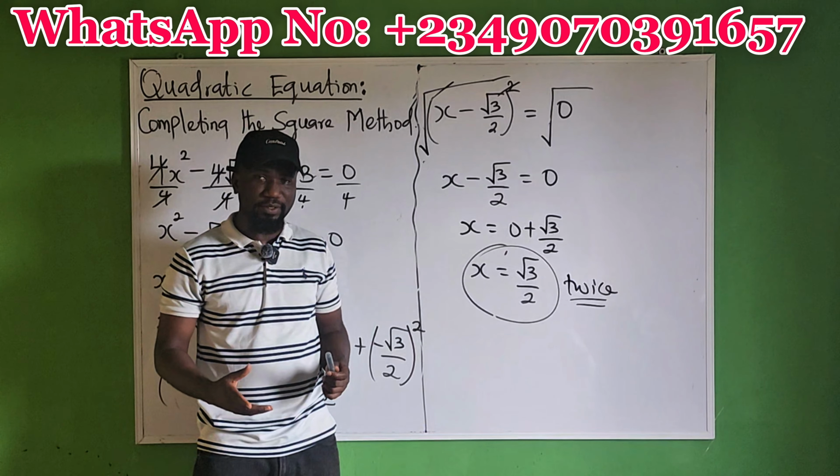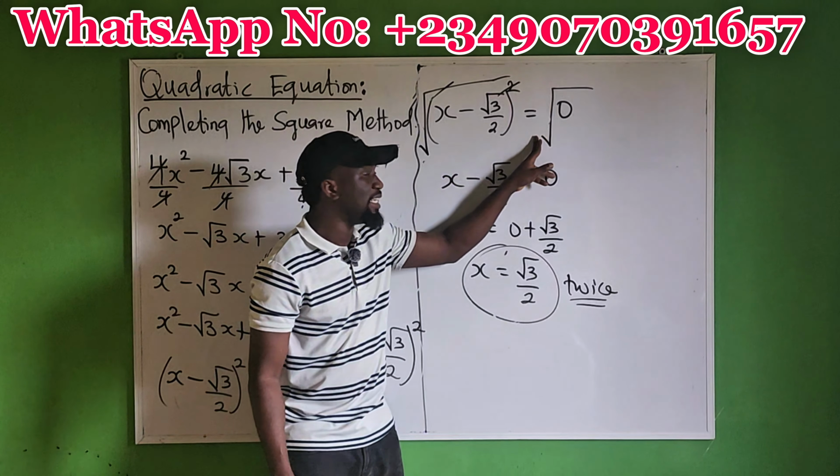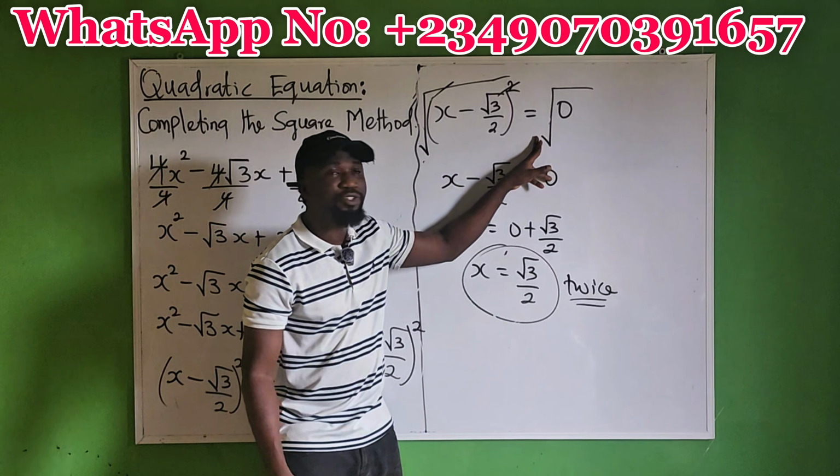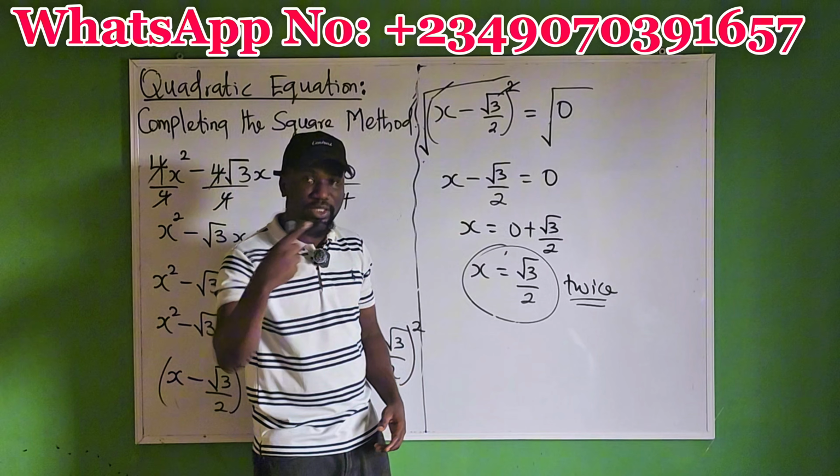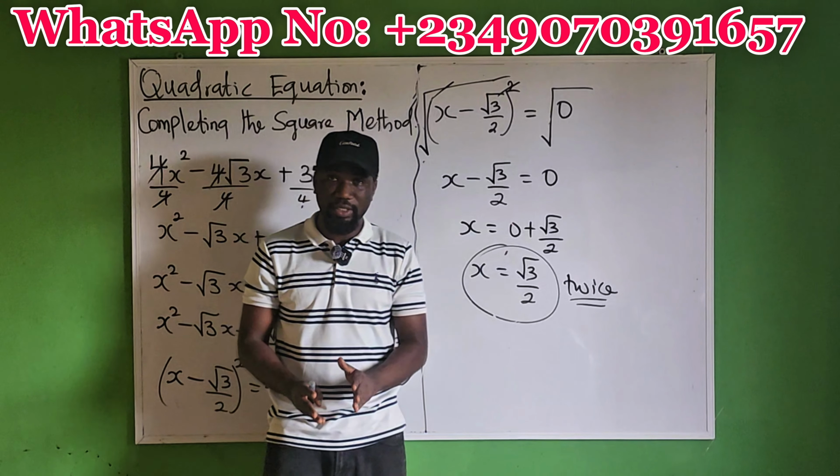Please, do you get it now? Like we did there, there's nothing called negative 0. I meant to put plus or minus, but there's nothing called negative 0. So we got x to be root 3 over 2, and the values for x are meant to be 2. So we have root 3 over 2 and another root 3 over 2. Please, do you understand?